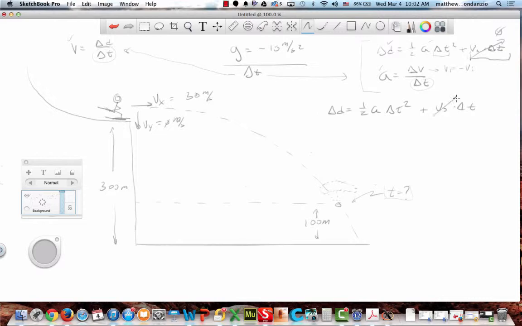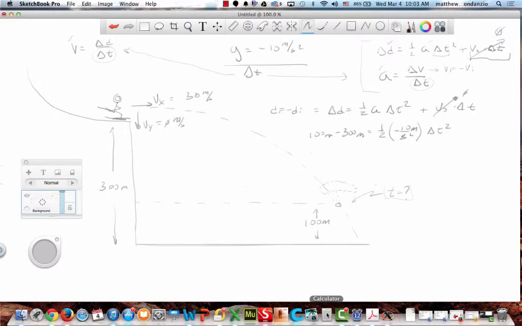This goes away because our V naught is 0. So our delta distance is D final minus D initial. What's my final position? 100 meters. What's my initial position? 300 meters. Equals 1/2, what's my acceleration rate? And I'm looking for my delta time squared.